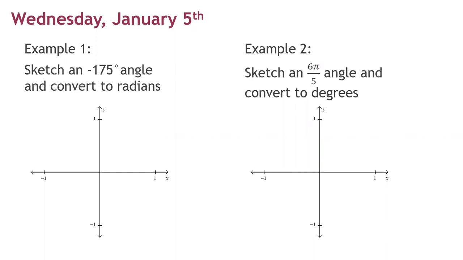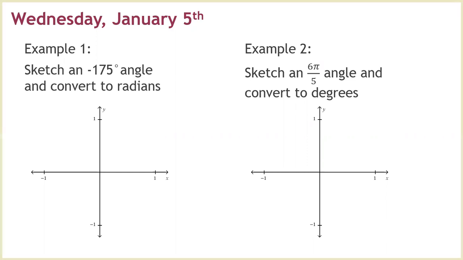So for example, number one, the first thing that it's asking us to do is sketch the angle, negative 175 degrees. So keep in mind, going back to Monday, when we started 6.1, that when it's negative, we rotate clockwise.